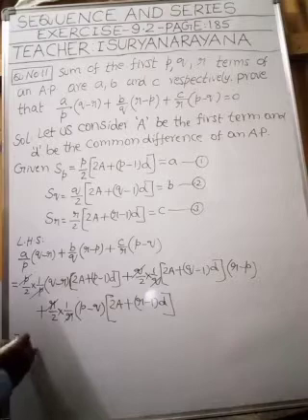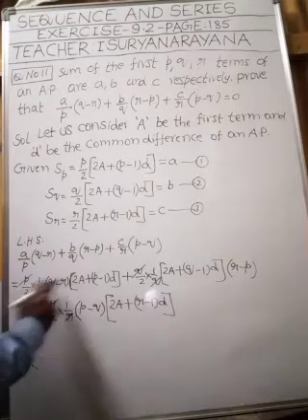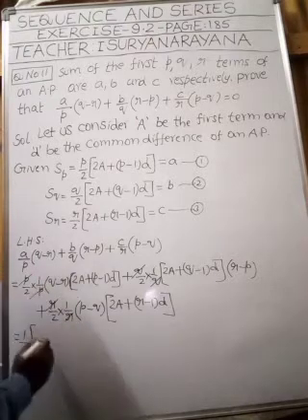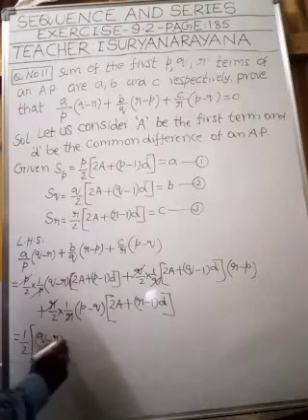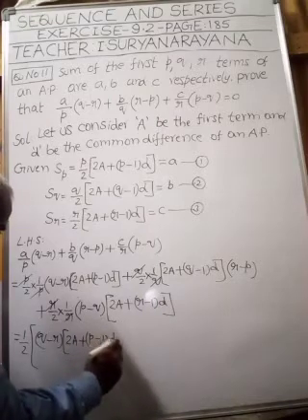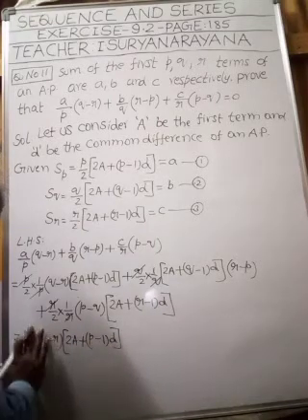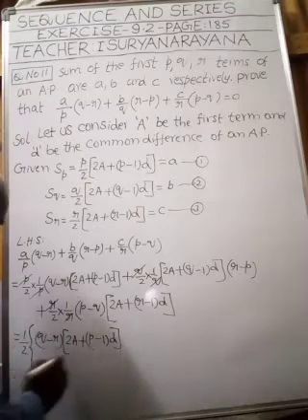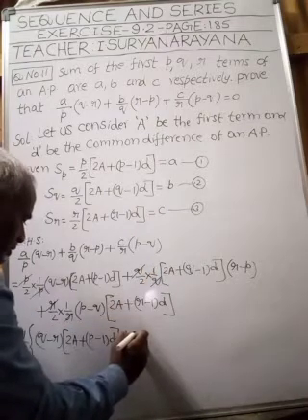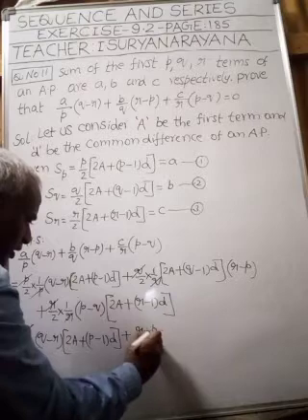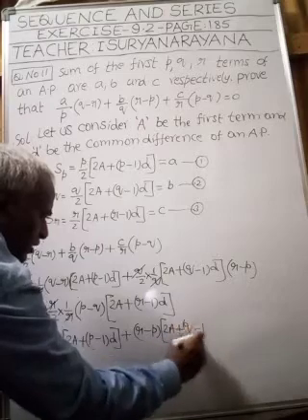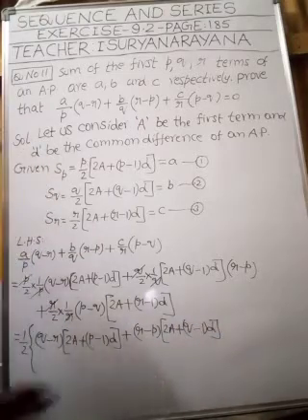Then what will you get? 1 by 2 is a common factor from all these three terms, so we can take it out. 1 by 2 into Q minus R into 2A plus P minus 1 into D, plus R minus P into 2A plus Q minus 1 into D. This is the second term.